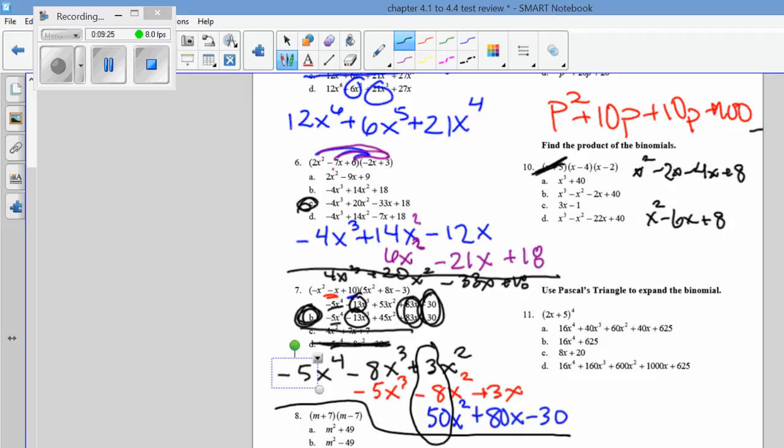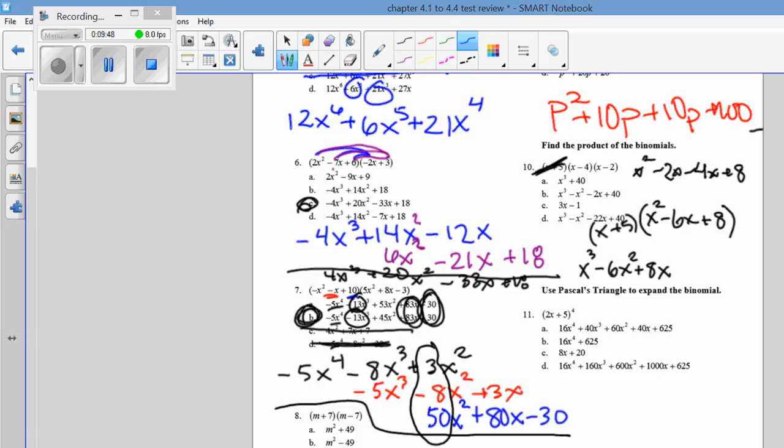And then now, that one that I crossed off, I bring it down. And I'm going to distribute it in. So that's x cubed minus 6x squared plus 8x.